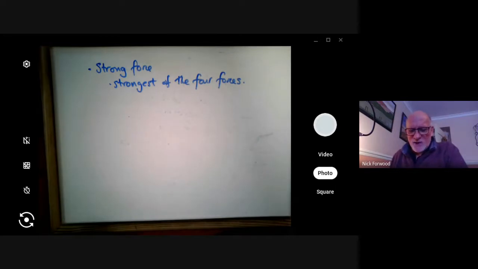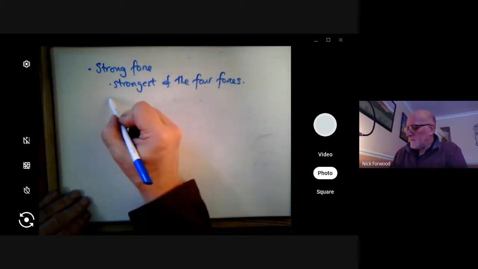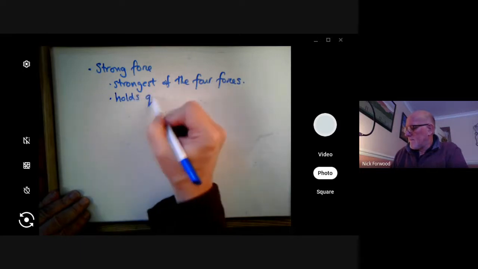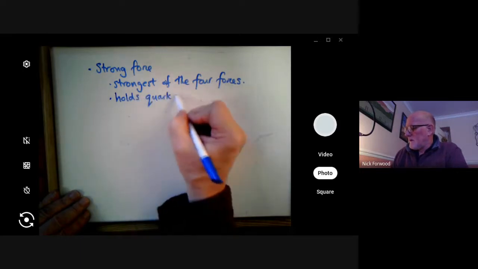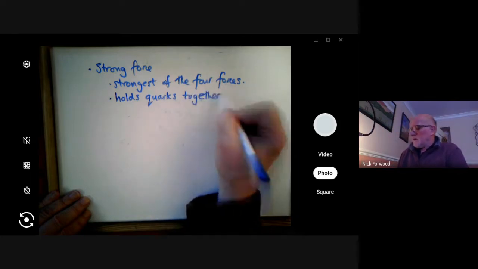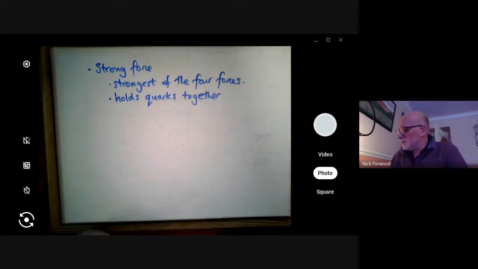It also acts on quarks, and it's actually the force that holds quarks together. Now, where are the quarks? Well, we know that you have three quarks, two ups and a down, inside a proton, and it's the strong force that holds these quarks together on the inside.